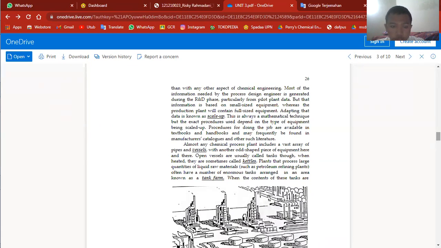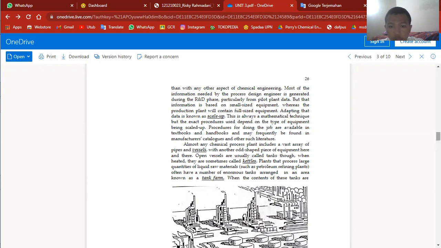Most of the information needed by the process design engineer is generated during the R&D phase, particularly from pilot plant data, but that information is based on small-sized equipment, whereas the production plant will contain full-sized equipment. Adapting that data is known as scale-up.